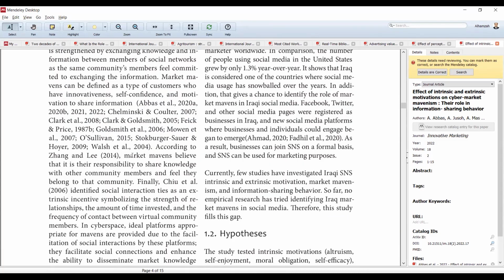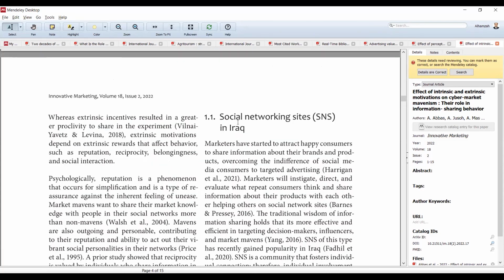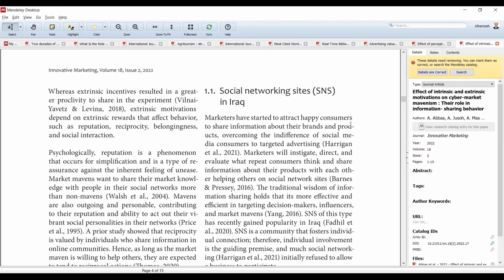Okay, then after that I talk about the social network sites in Iraq, because my thesis is in Iraq. By the way, it is a conceptual paper. I didn't tell you the type of the paper. It's a conceptual paper, which you can say is conceptual and empirical at the same time.